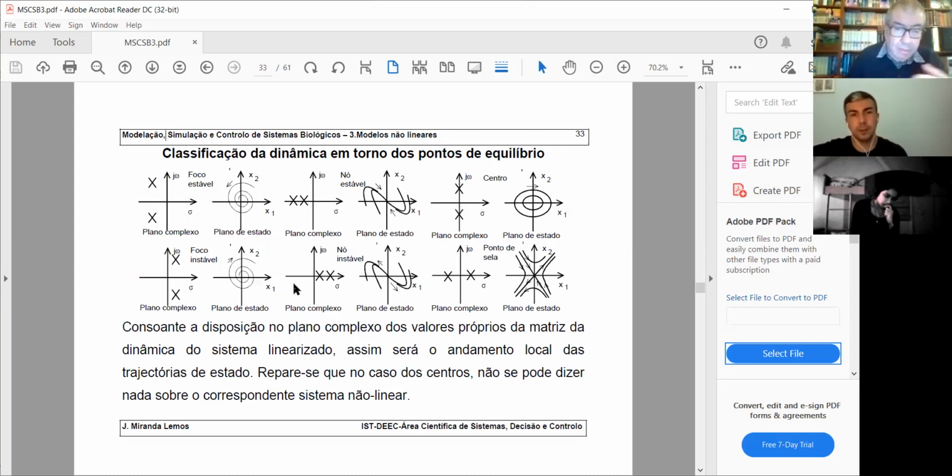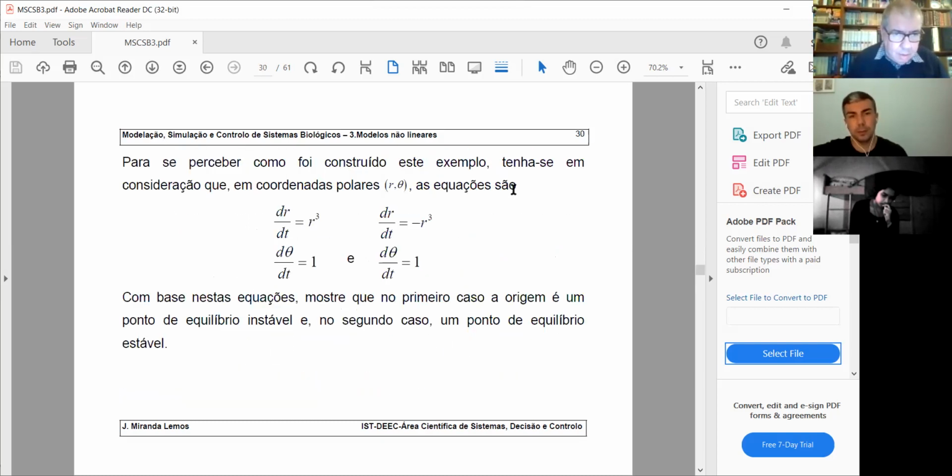Now, the only problem is when I get pure imaginary eigenvalues, because the solutions of the linearized system in this case are closed curves, and the nonlinear system may not have closed curves. It can be either stable or unstable. Let me give you one example.